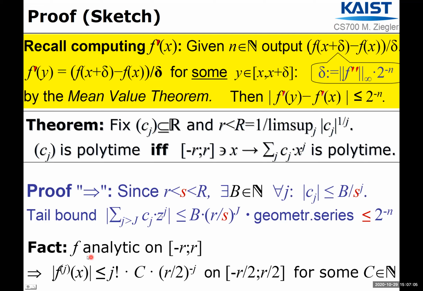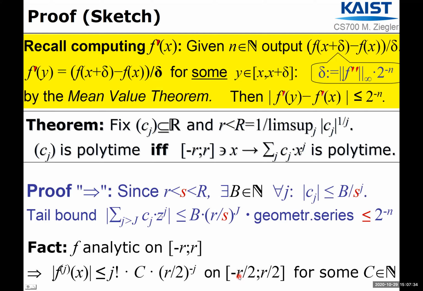Namely, if function f is analytic, let's say in the interval from minus r to r, and then if we restrict to a subinterval of half the size, just to pick some subinterval, then the jth derivative of that function at any point in that subinterval still has a power series around that point.